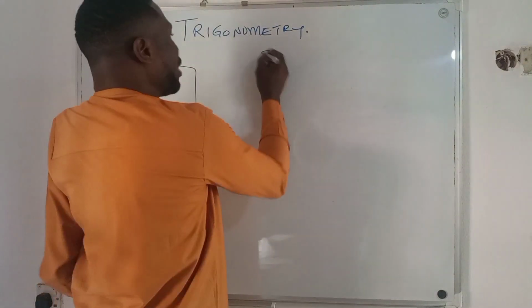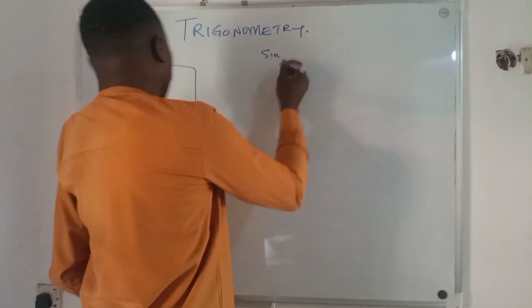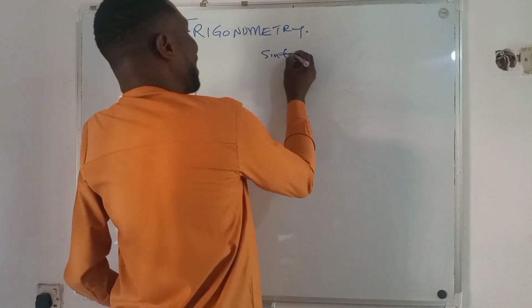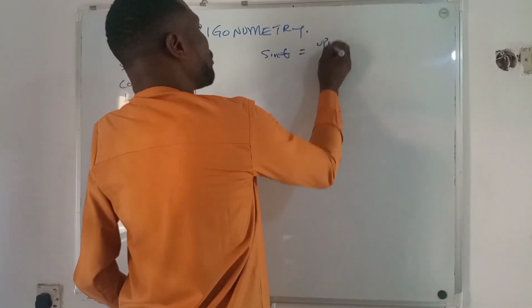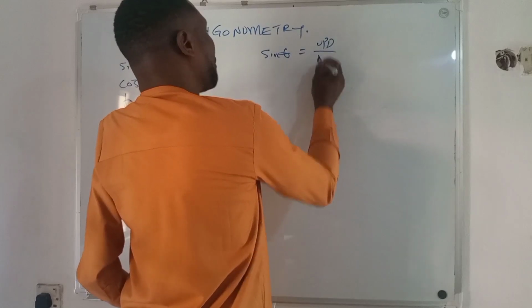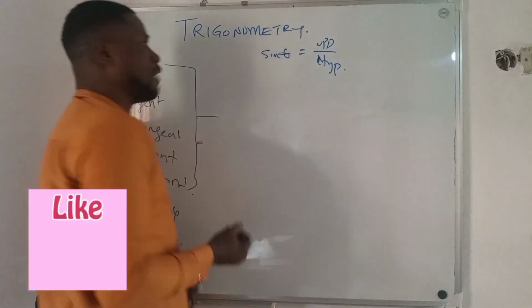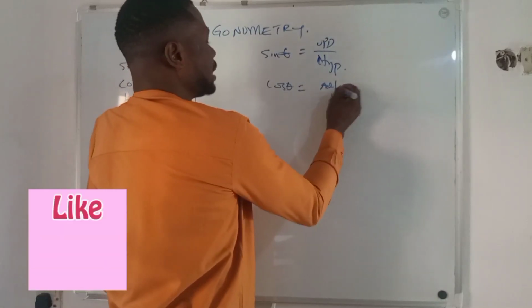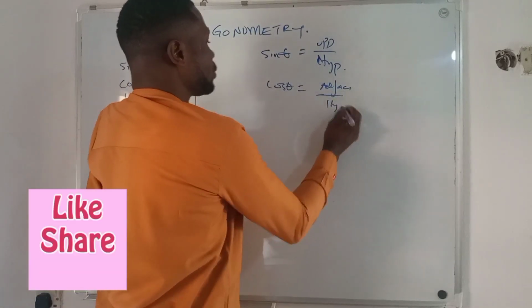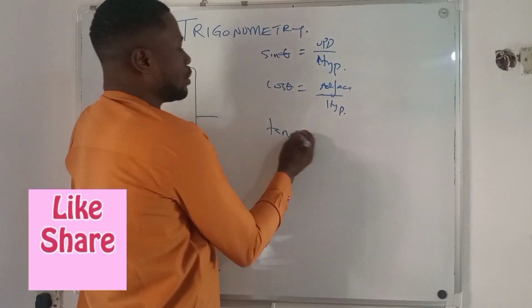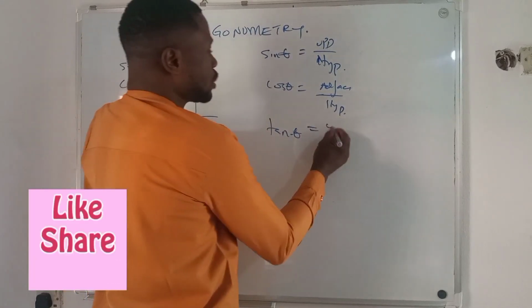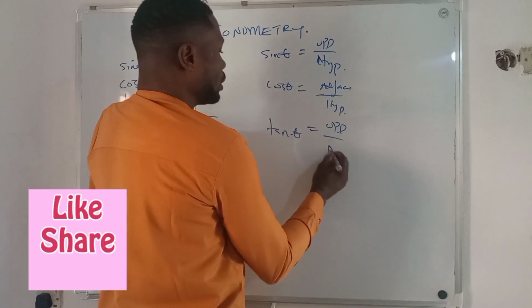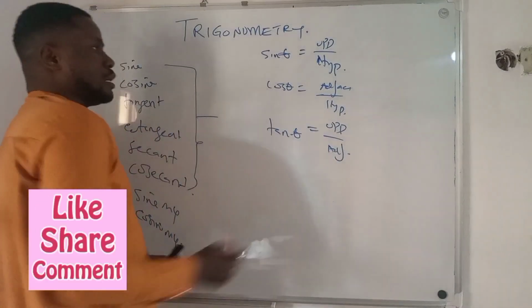Now you know that sine theta is always equal to opposite all over hypotenuse. Cos of any angle is always equal to adjacent all over hypotenuse. Tangent of any angle, let's say tan theta, is always equal to opposite all over adjacent.